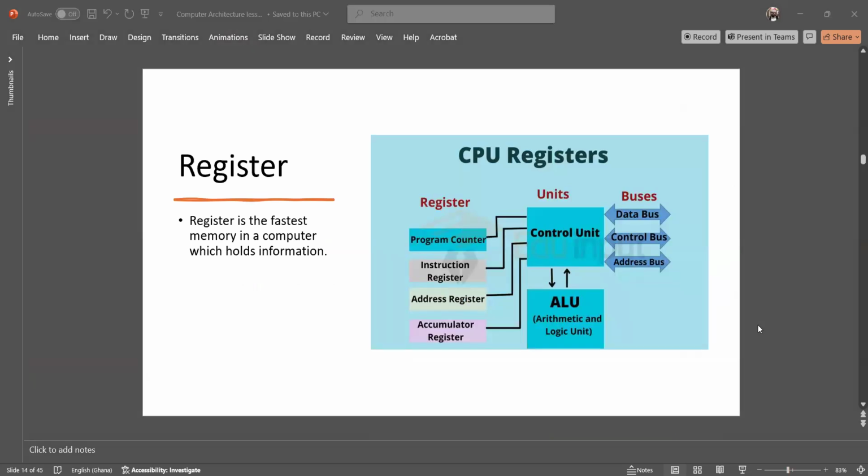The register, its job is to save information from the control unit, because it is not everything that you'd want to go to the memory for. Let's have an example. Let's say you are home. Let's say there is water which you want to drink. Let's say you leave your bedroom to the fridge to pick the water.